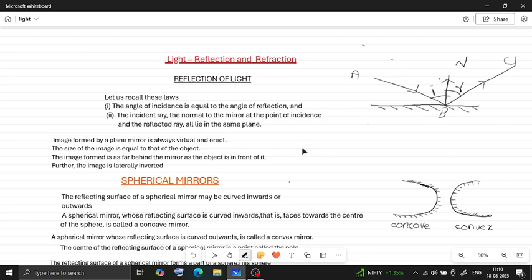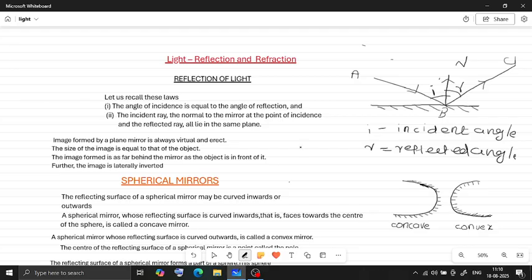The angle between the reflected ray and the normal is called the reflected angle.